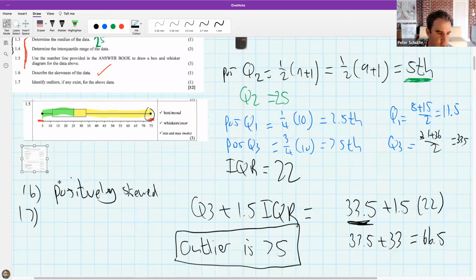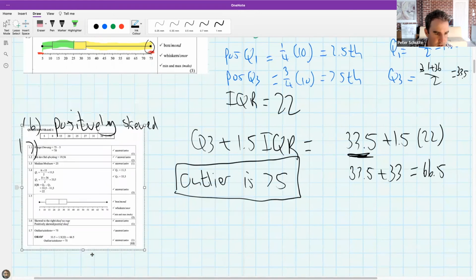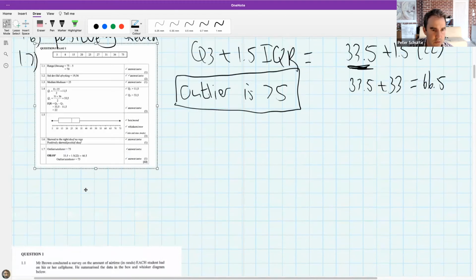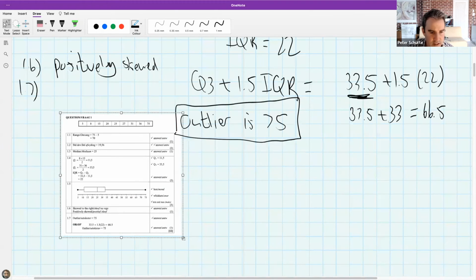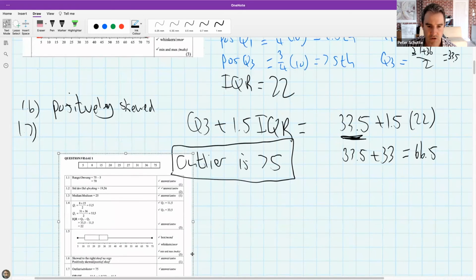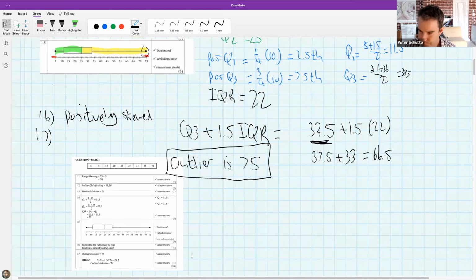Let's check that quickly. Yeah, so you can see that on the model answers here. Bring it down for a second. Oh, oops. So guys, if you look at this, the answer is 75 because when I'm looking for the upper boundary, there's a number that's greater than the upper boundary. Okay. If that confused you a little bit, don't stress. As long as you got most of those things right, you're on the right track.